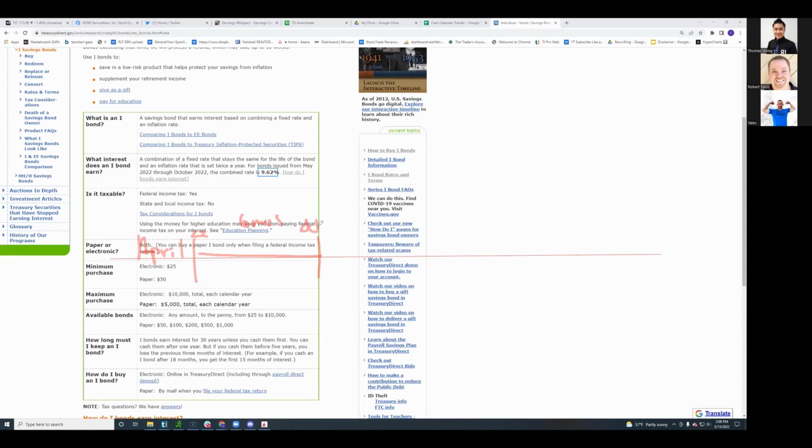For 12 months. Come November, right after October, they'll issue a new rate. If by some chance inflation is all the way back down to some abysmal number by November, which I kind of doubt, but if it is, then I can wait 3 months and then cash the bond in, because you have to wait at least 12 months before you can cash the bond in.